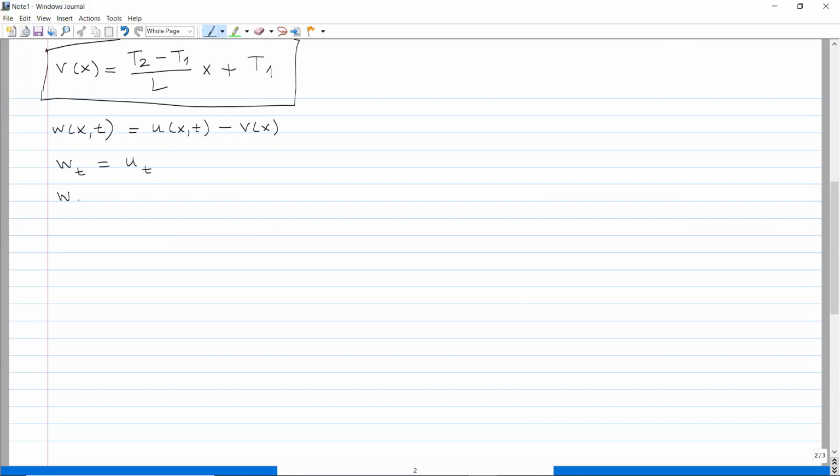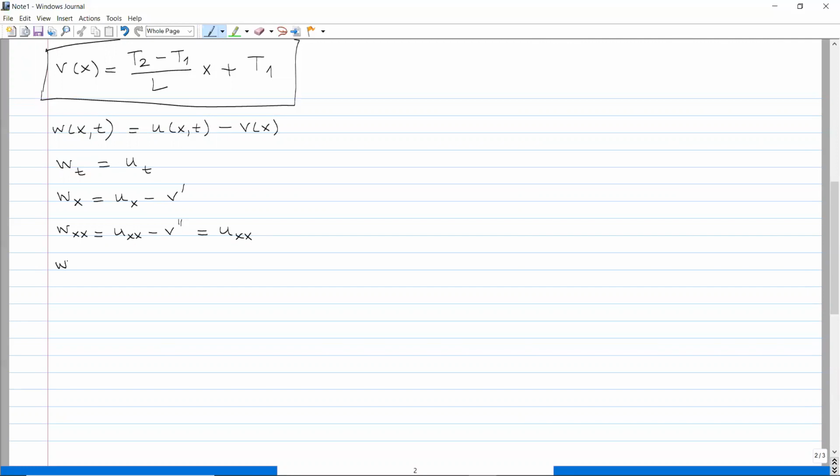And the derivative with respect to x is going to be u sub x minus v prime. So the second derivative is going to be u sub xx minus v double prime, but v double prime is 0. So the second derivative with respect to x of w is the same as the second derivative of u with respect to x.